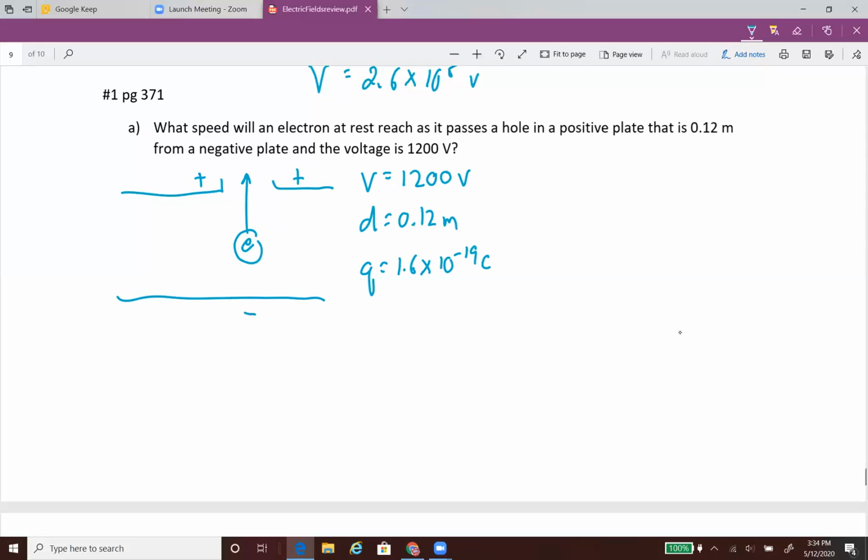Now, in this case, the distance is actually irrelevant. We don't need the distance because we just need to think about energy. We're going to convert the potential energy into the kinetic energy, just like we did previously. So EK equals the electrical potential energy. Remember, voltage is joules per coulomb, so the voltage times the charge gives you the energy.